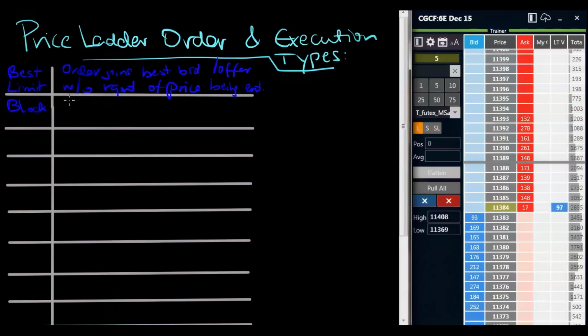Now, with a block, you don't necessarily see the interaction. You see it on the price ladder. You see it sometimes on your, let's say, delta footprint.